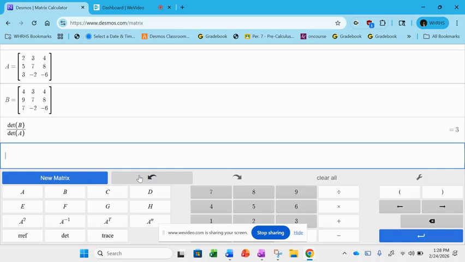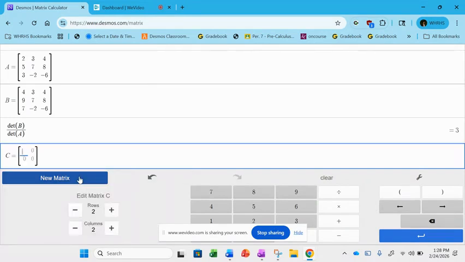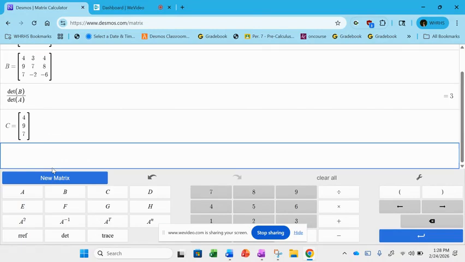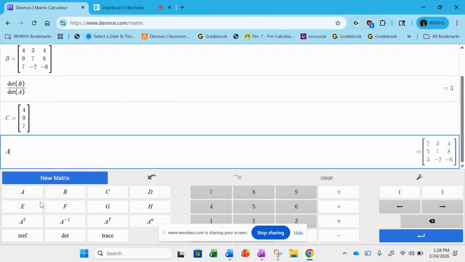Enter in matrix C. Do we have a matrix C up here yet? No. Okay. So I'm going to enter my new matrix C, which was a 3 by 1. And that's 4, 9, 7. Enter. Okay. Now I have my A and my C. So now I'm going to do the inverse of A times C.